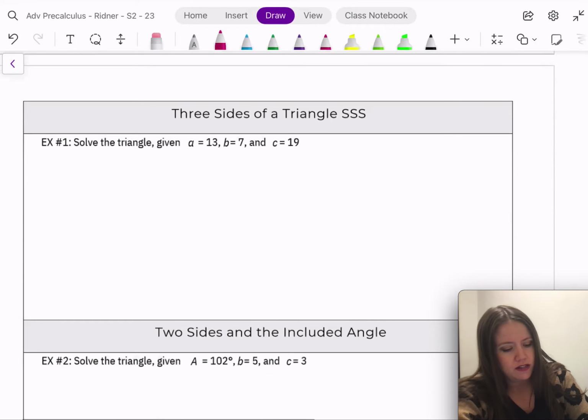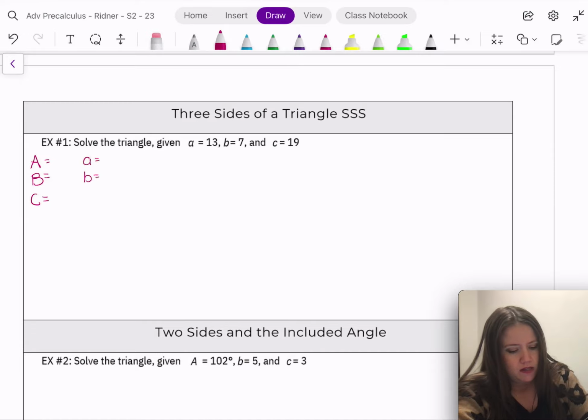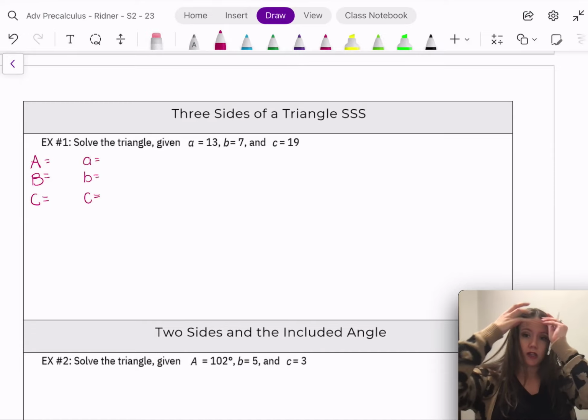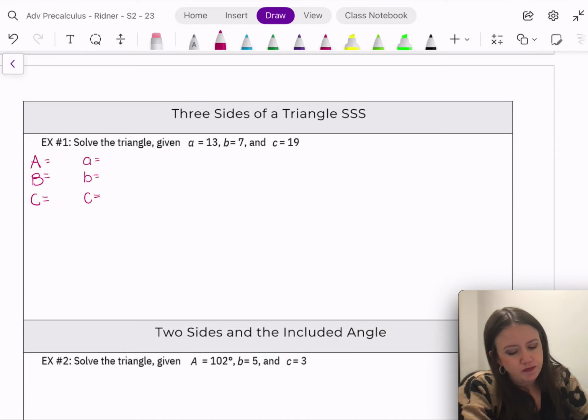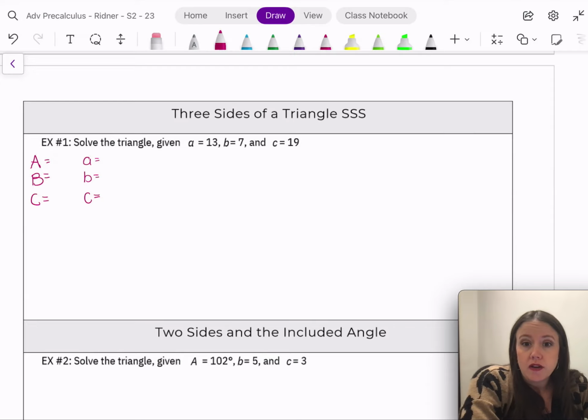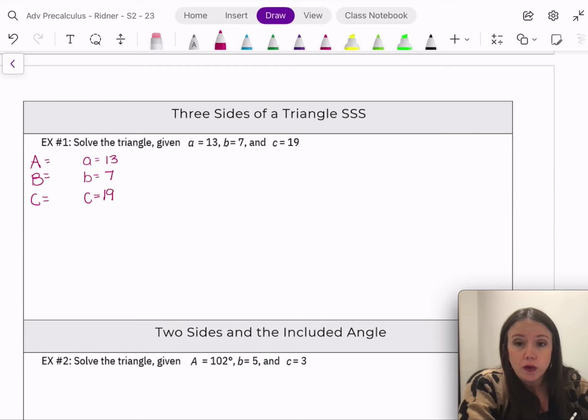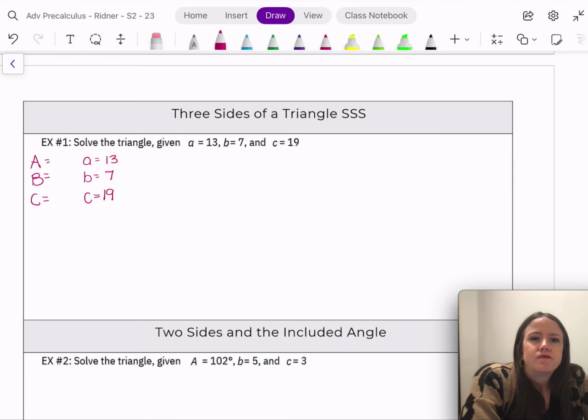And we finally get to look at why making this table that Miss Reidner makes every time is so important. Sometimes you're given a triangle that just says solve, and you don't know which one to use. It doesn't tell you whether you're using law of sines or law of cosines. Obviously, this section is all going to be law of cosines, but you're going to put them together and have to figure out on your own which one's which, okay?